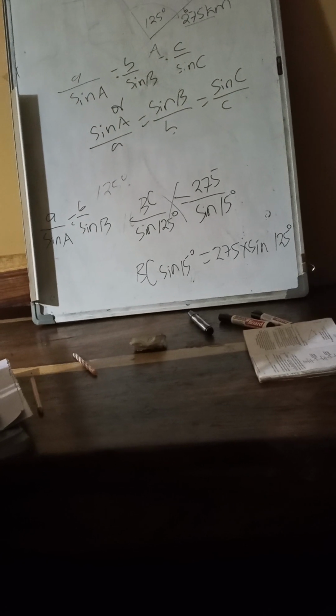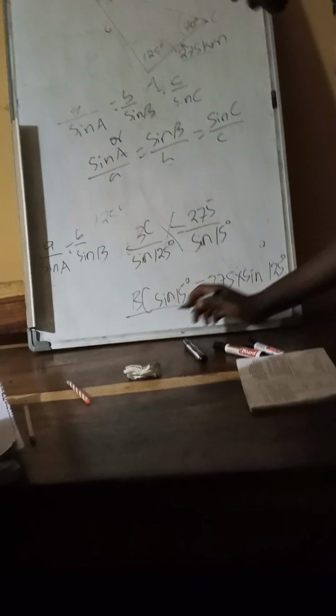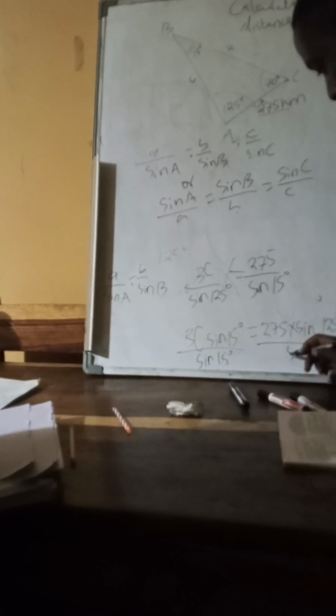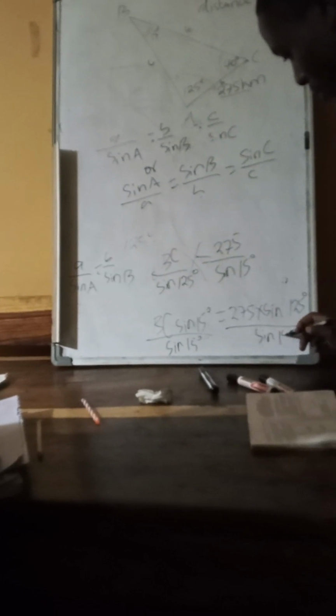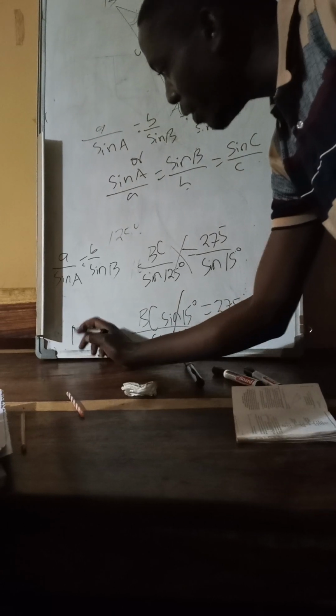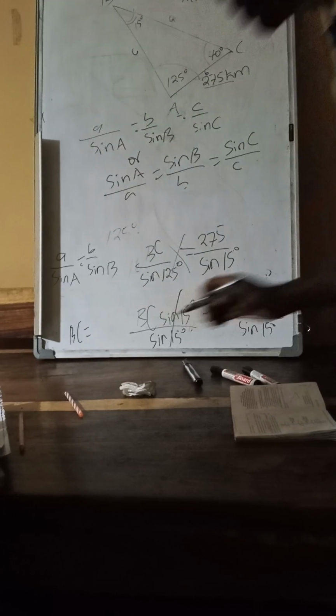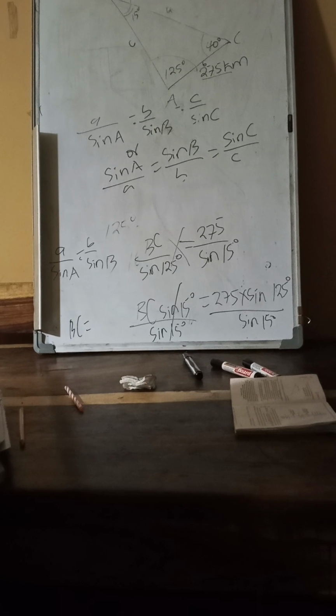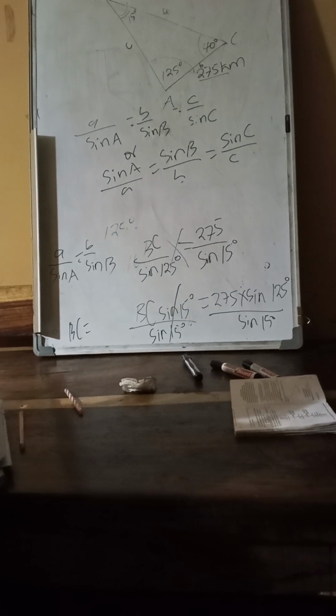Isn't it? I want to find BC, so I can divide both sides by sine 15. I can cancel. So my BC now will be equal to 275 times sine 125, divided by sine 15.